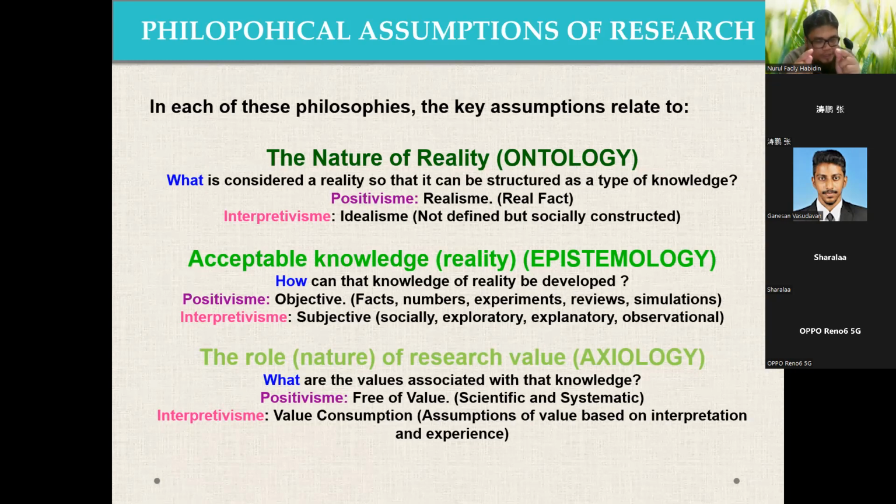If you choose positivism, that means realism and real facts. If you want to study, determine, examine, or identify a topic, that becomes positivism, because you have literature and theory to explain it, and those become the real facts.